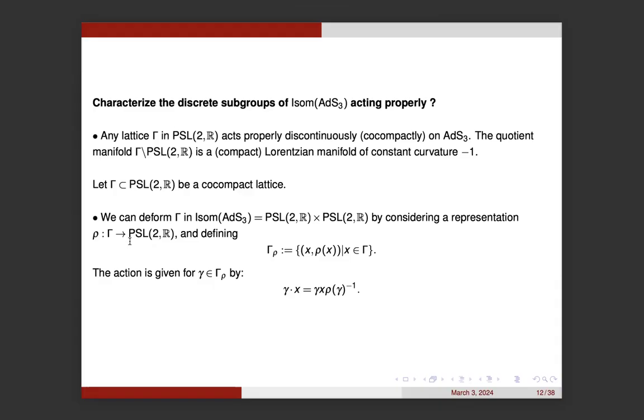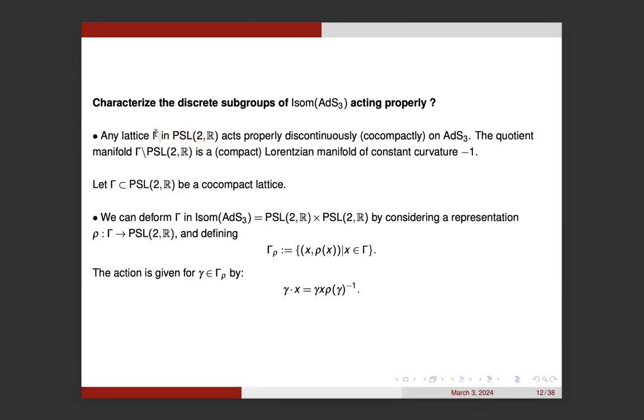How to get such an example? Remember that the isometry group is a product of PSL(2,R) with PSL(2,R). If I take a lattice gamma in the first PSL(2,R) component, then this gamma acts properly, co-compactly on anti-de Sitter space, because the left action of PSL(2,R) on itself is proper.